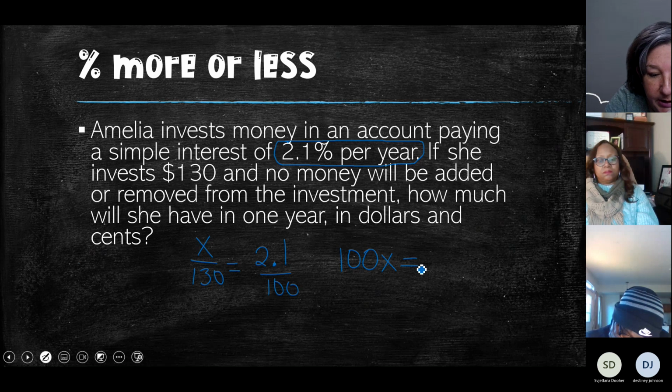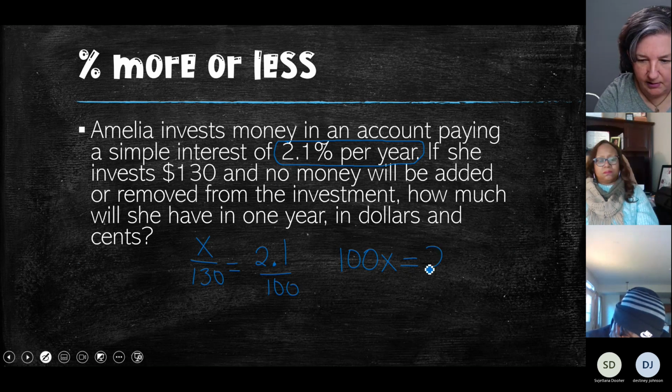I'm going to cross multiply. 100x equals 130 times 2.1. Where does that decimal go?